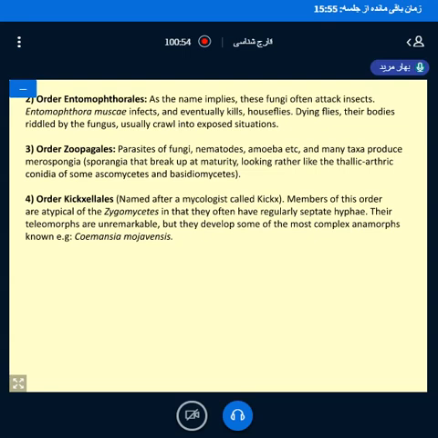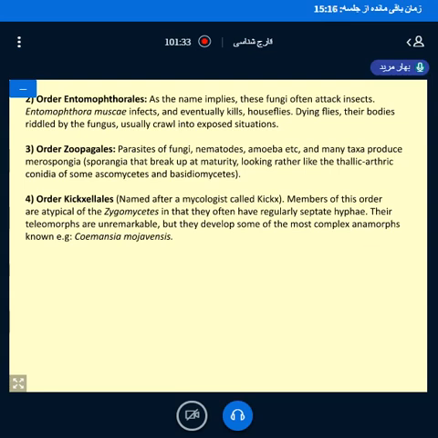Order Entomophthorales. As the name implies, these fungi often attack insects. Entomophthora muscae infects and eventually kills houseflies. Flies riddled by the fungus usually crawl into exposed situations. Zoopagales are parasites of fungi, nematodes, amoebae, and so on.